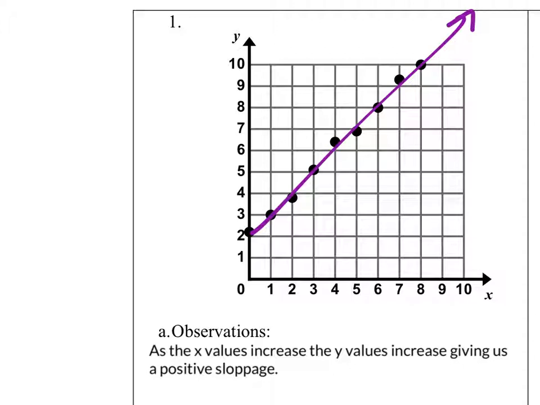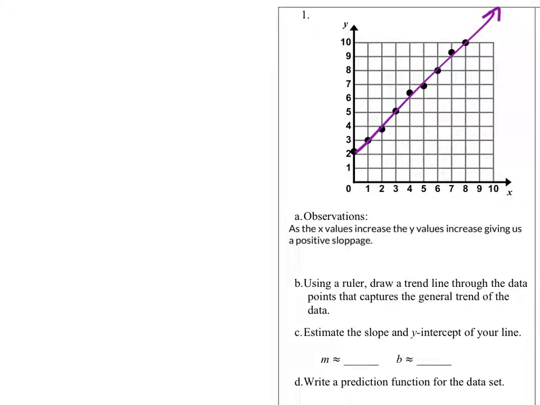That's a pretty good observation right there. I'd say that's pretty acceptable. Now, if this were a word problem, we'd want to include labels with those, but for now, that's going to work. Use a ruler. We did that, and we drew a line.